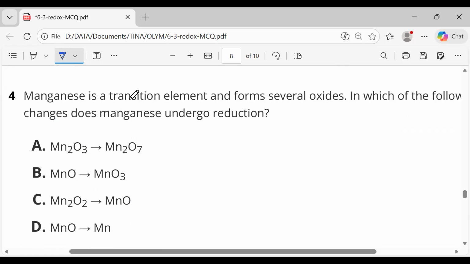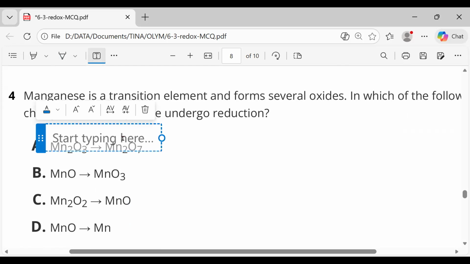Manganese is a transition element, from the same question. So for this one, Mn is positive 3. This one is positive 7. This one, positive 2 becomes positive 3.